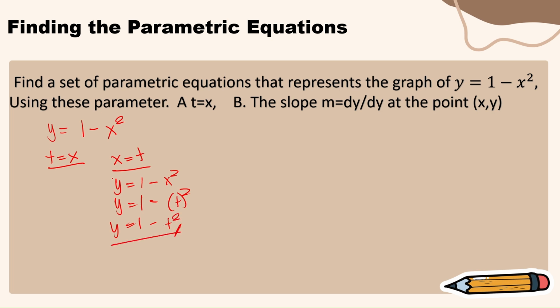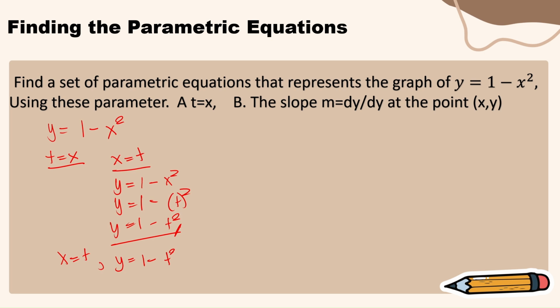So with that, we have our parametric equations. x is equal to t and y is equal to 1 minus t squared. Nasundan ba yun? Di ba napakadali lang? Pabaliktad lang natin na i-express yung ating rectangular equation into its parametric form.